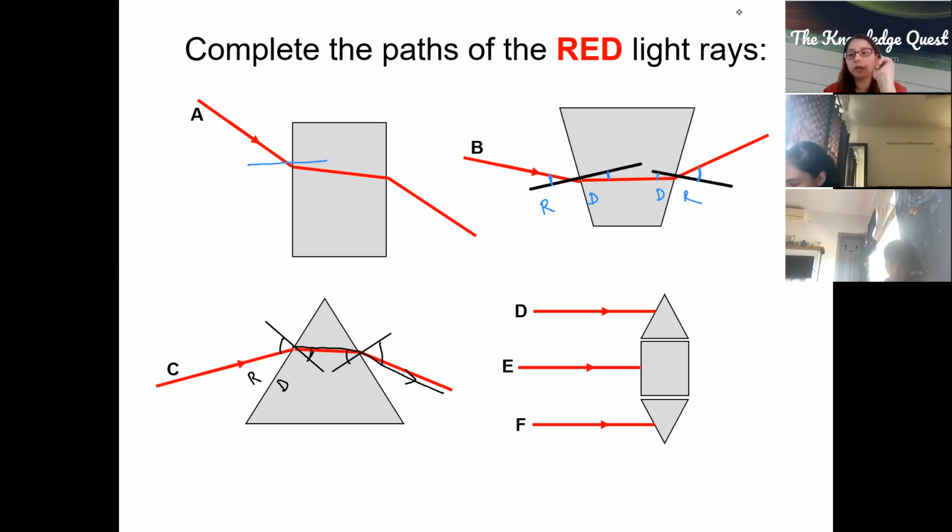And share it on the group. What you've drawn. Shamik, share your diagram in the group, personally. What do you have to do? Make the ray diagram for this. D, E, F. Same thing. Completing the path.